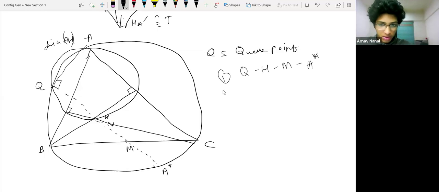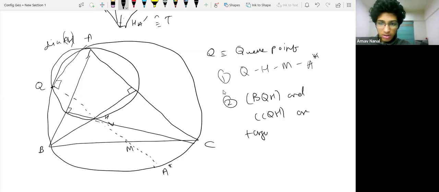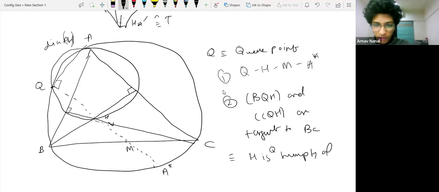Okay, so second is that circles BQH and CQH are tangent to BC. So this essentially is the statement that H is the Humpty point of, basically, Q Humpty of angle QBC.